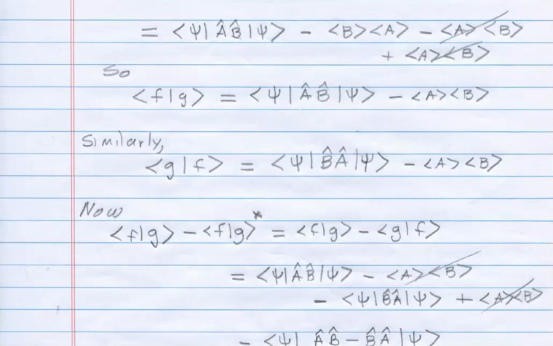Now then, what I want to do is use some properties that we know about. Namely, I know this is just a complex number, and this is just a complex number. And what I'll do is take the bracket of F and G, and I'll subtract from it its complex conjugate.